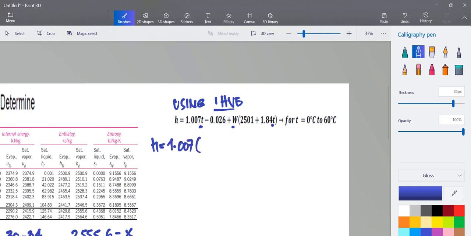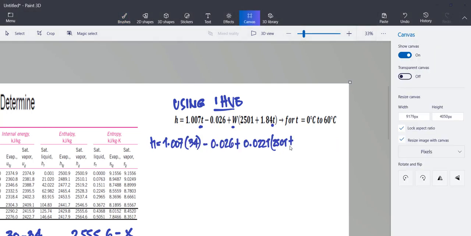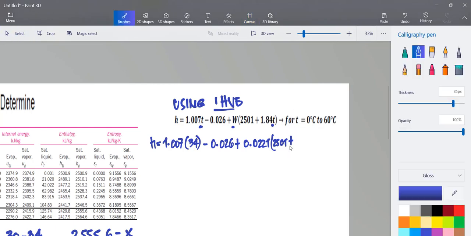So that will be 1.007 times the temperature, 34, minus 0.026, plus the humidity 0.0221 multiplied by 2501 plus 1.84.